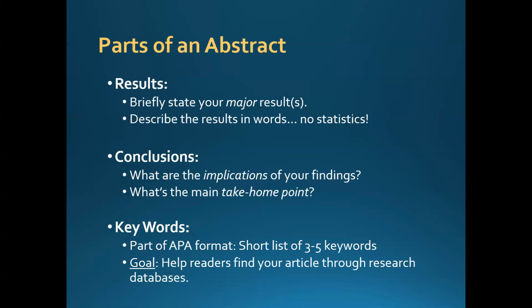Then you should have a sentence or two talking about the implications of your finding, what is the main take-home point. And then every abstract will have a short list of keywords. Here I'm going to throw out some examples for your group or for your class. Maybe emerging adults, if you limited your population to people like 18 to 30.